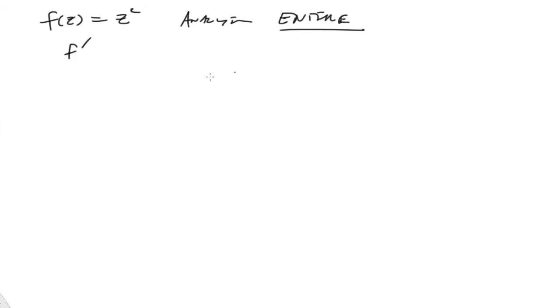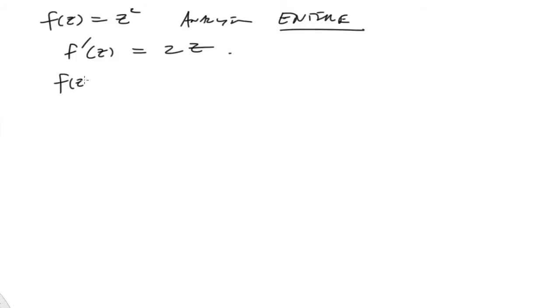So for instance, let's say I have the function f of z is equal to z squared. I know this is analytic, and it's analytic entire. Recall our definition, because it's true for every point in the whole complex plane. F prime of z is equal to 2z. Great. Now let's see what we can find in terms of the u and v.